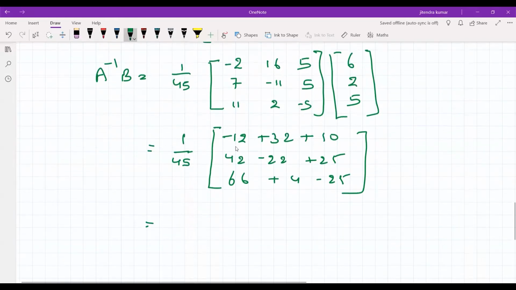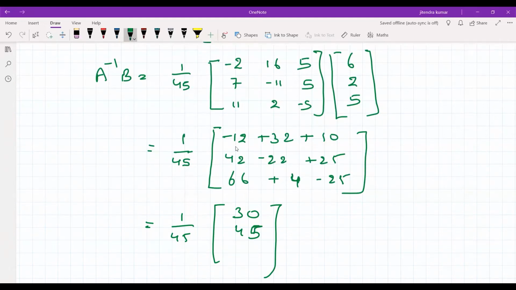Okay, so you just have to add or subtract here, and this will be equal to 30. This will be equal to 45, and this will give us 70 minus 25. So 70 minus 25 is again 45.